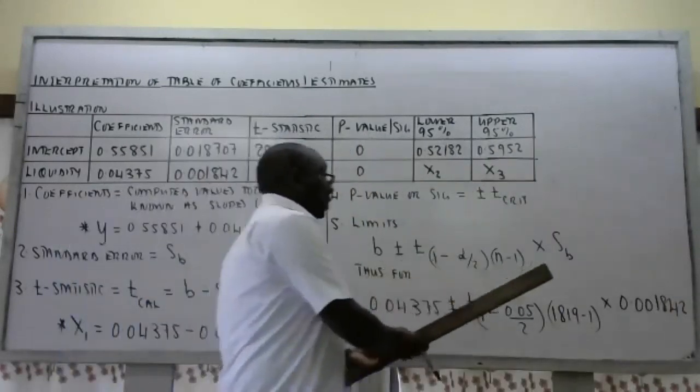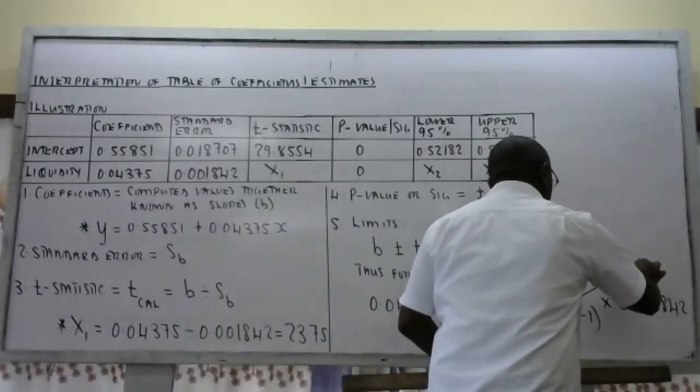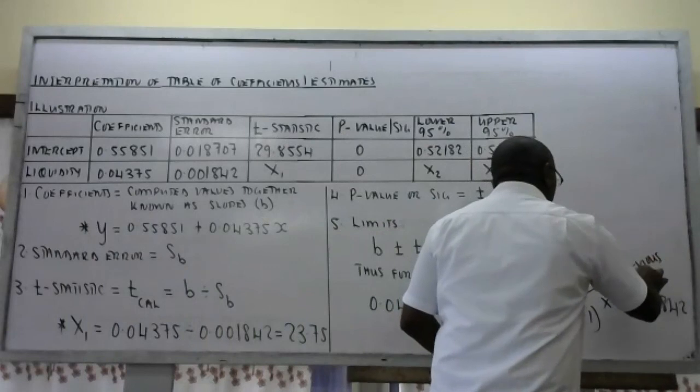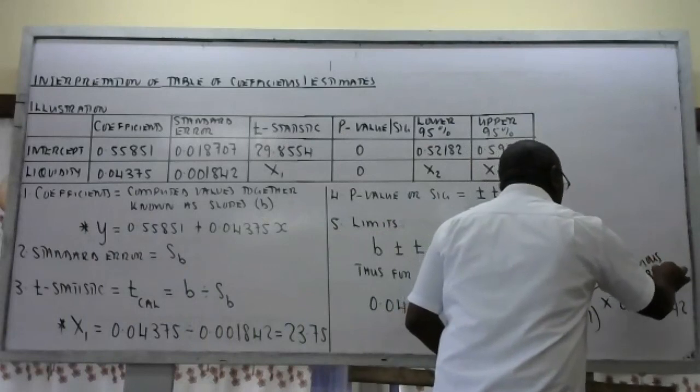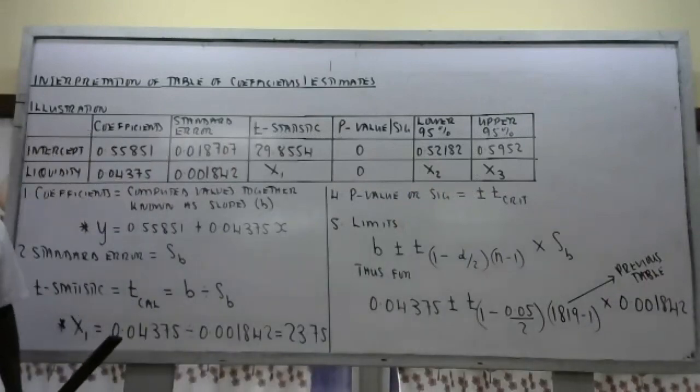Maybe you need to specify this n, this 1819 is in the previous table. The question's table is above; that is where n is found, the previous table.